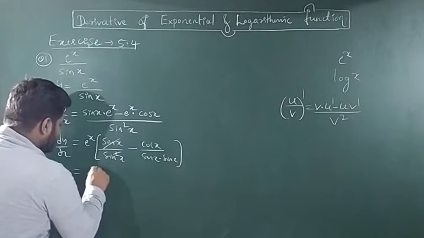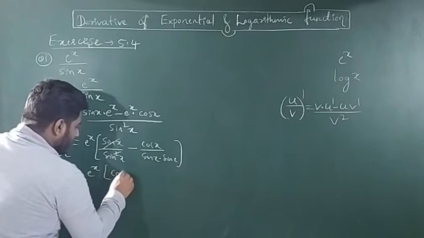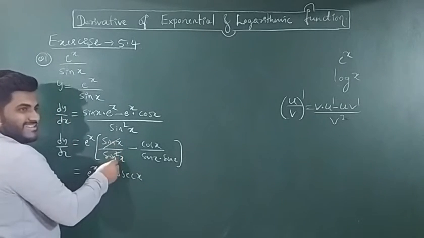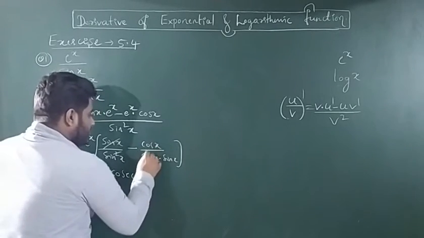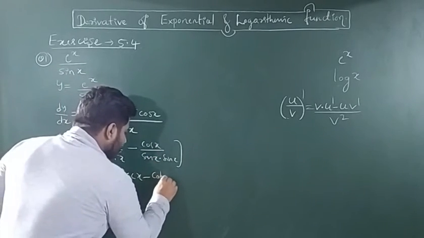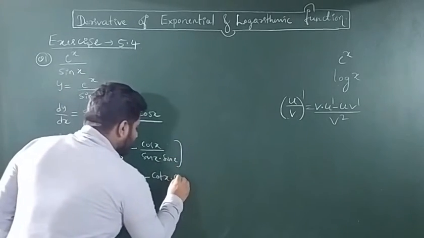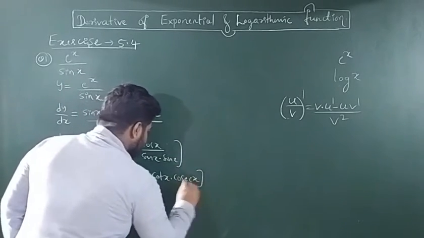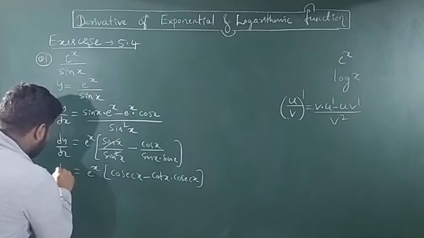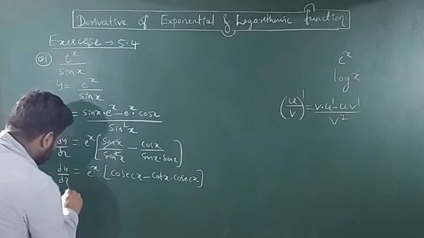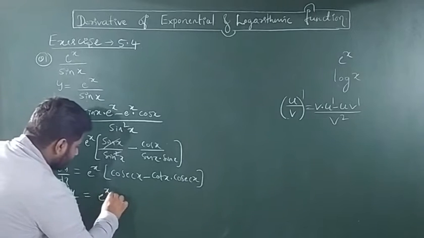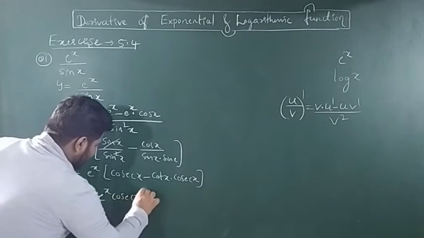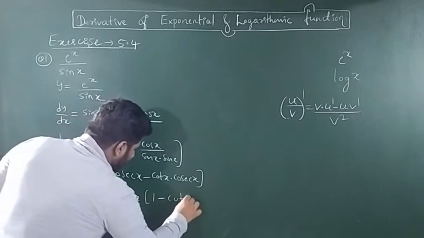You can write e raised to x into cosec x, because 1 by sin x is there, 1 by sin is cosec, minus cos by sin is cot into 1 by sin is cosec x. So here cosec x is also taken common in dy by dx. Finally dy by dx equal to e raised to x cosec x into 1 minus cot x.